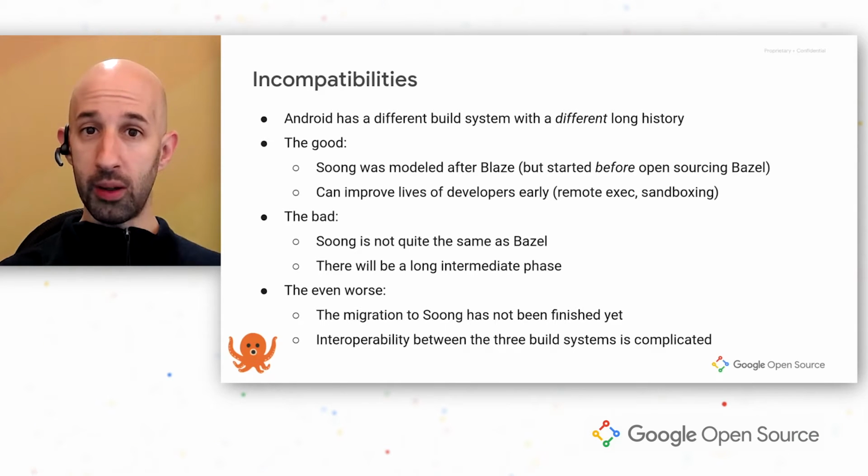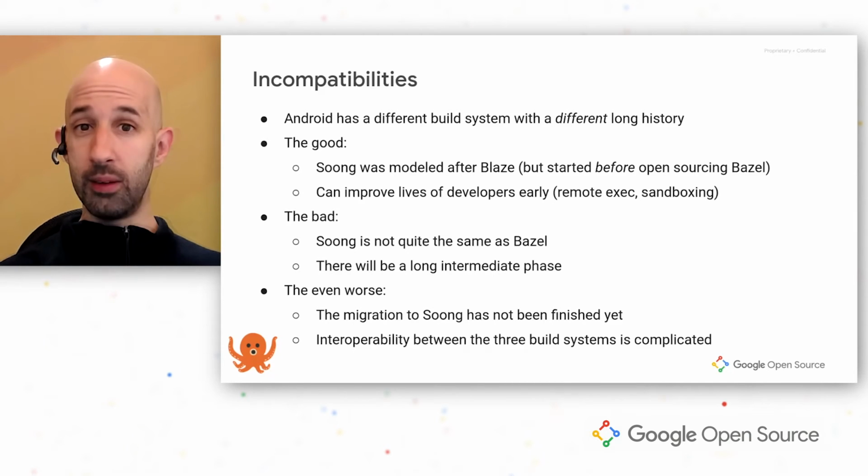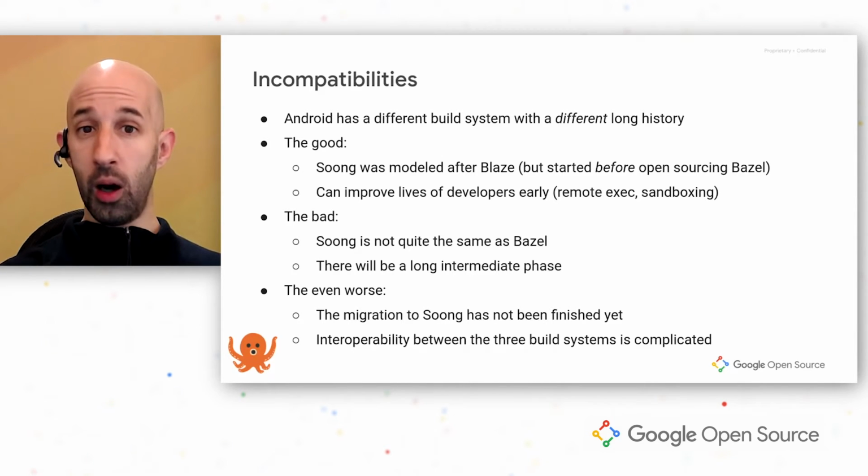And there will be a long migration phase because we cannot just wave a magic wand to turn Soong into Bazel. What's even worse is that the migration to Soong has not been finished yet, and therefore, for a while, there are going to be 3 build systems in Android platform. That is to say, Soong, Make, and Bazel, which makes interoperability not so easy.